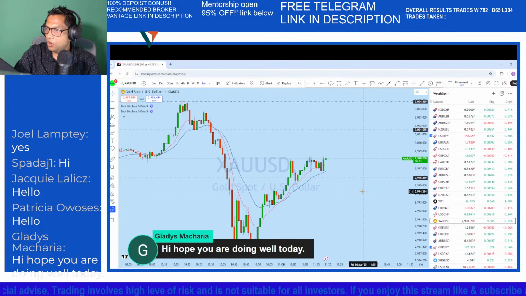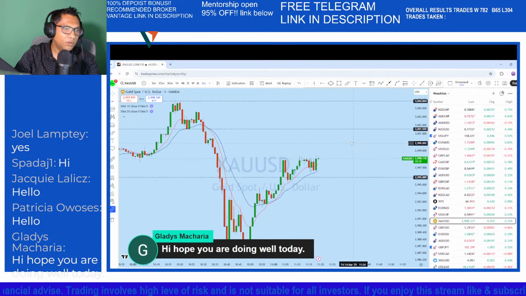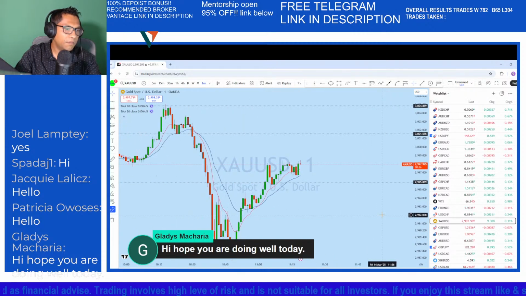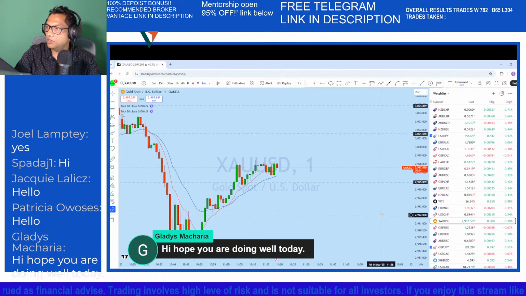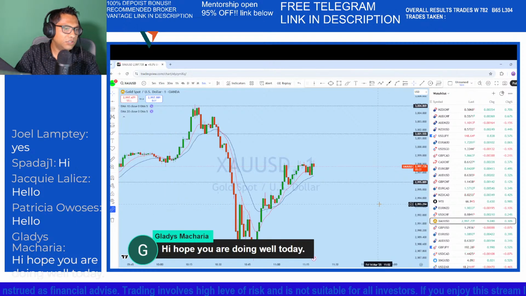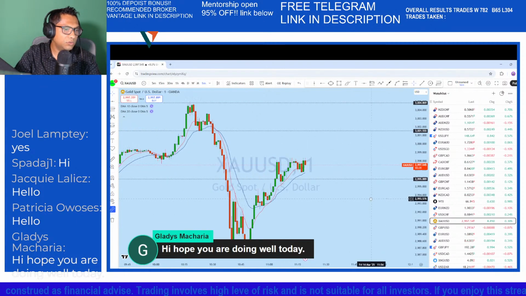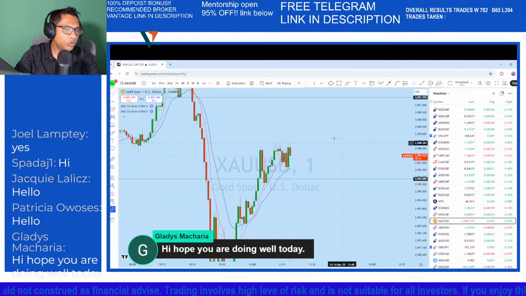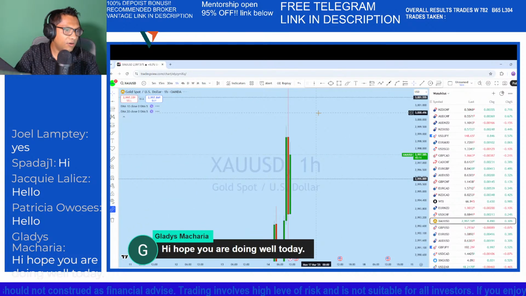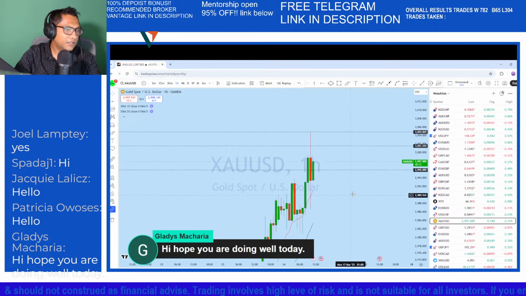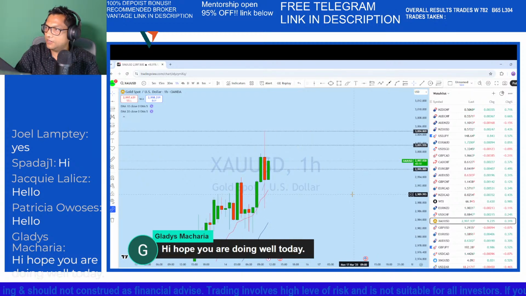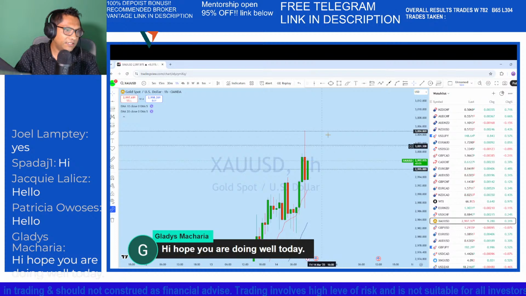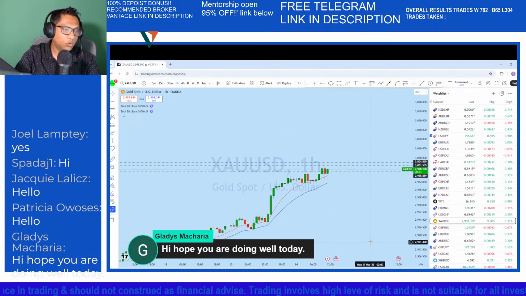Once the price hits that 3000 level, we might see the market ultimately bouncing back. This is what we would like to see. The market is hitting the 3000 level. At the moment, as this price is extremely bullish, I think we might see it filling that zone again.